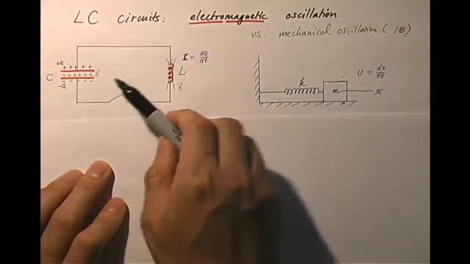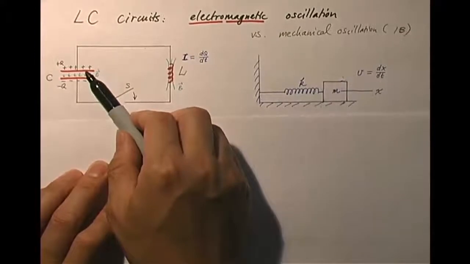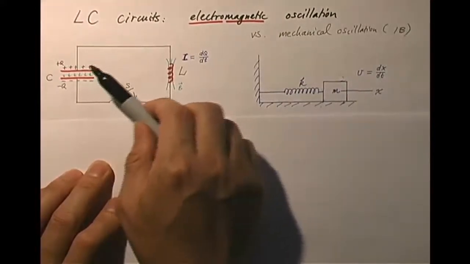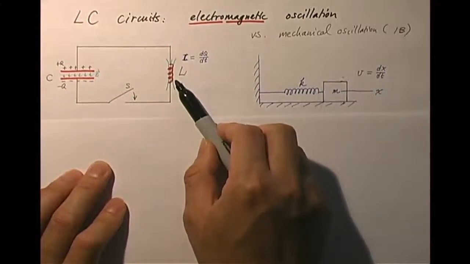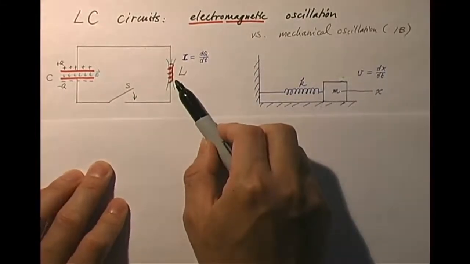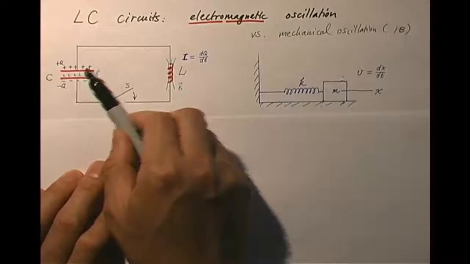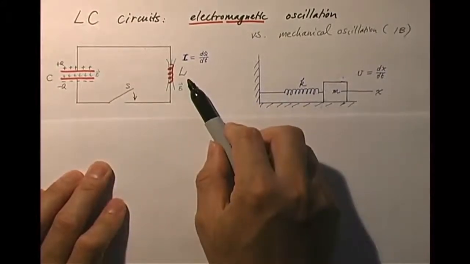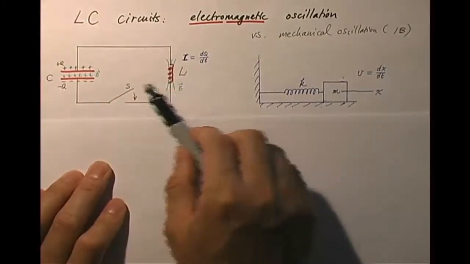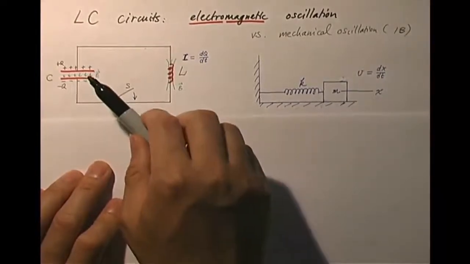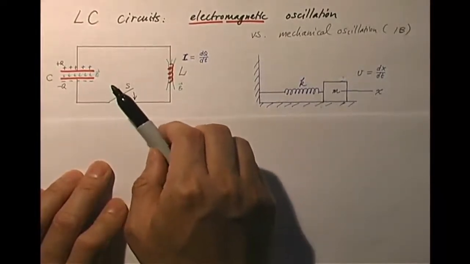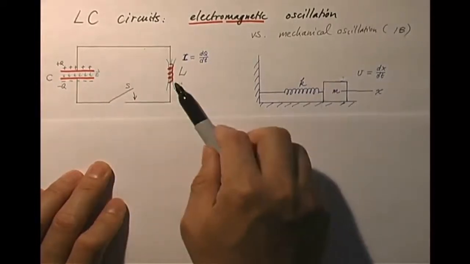Then, as time goes by, the charge will diminish over time, but the current will start to establish. So now there will be some energy transfer between the electrical form and the magnetic form. But you see, there is no heat generated. There's only a transfer of energy between the two forms of electromagnetism, namely electrical energy and magnetic energy.